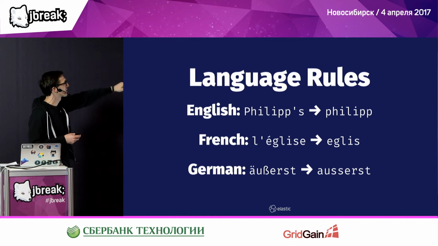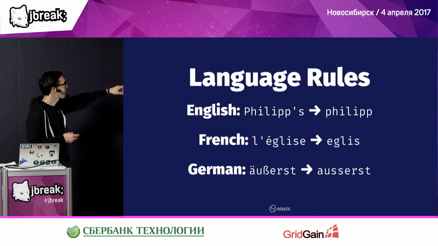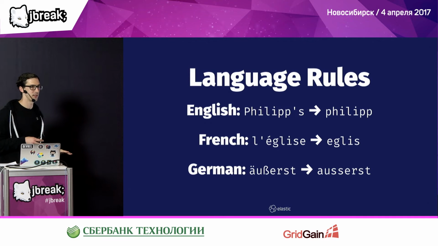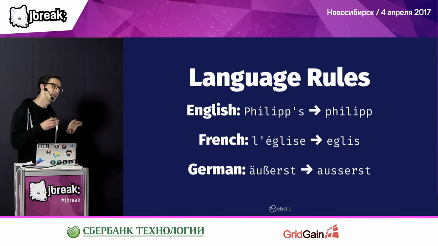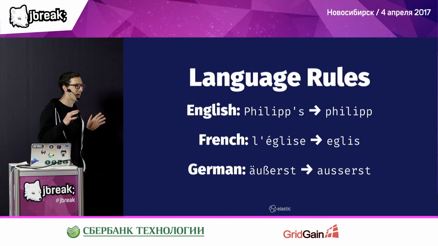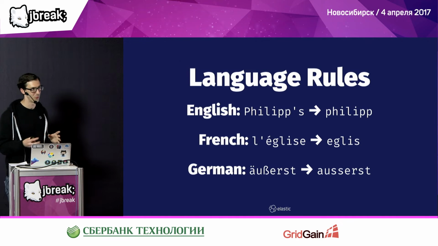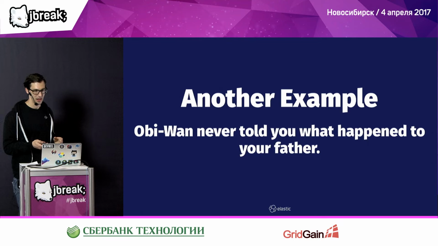You can cut off stuff at the beginning, and in German we have these weird umlauts and this S thingy. They are just moved down to the ASCII version of that. So these are totally language dependent, and I'm sure Russian also has lots of rules for how to process words.